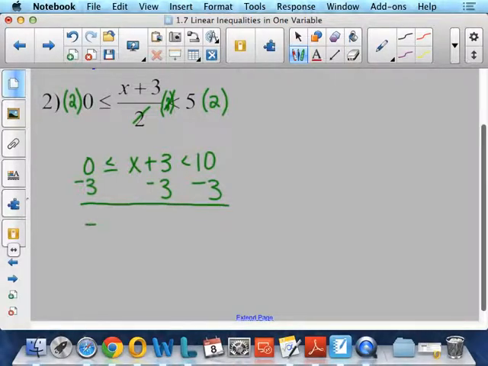So now I have negative 3 is less than or equal to x is less than 7. Now that I have x in the middle by itself, I'm done with the inequality part. Now I need to sketch it. Okay, so I'm just going to pick a couple numbers.